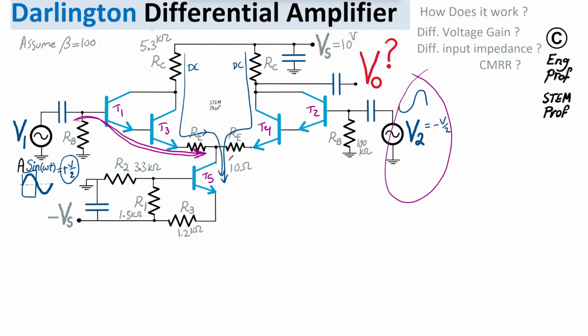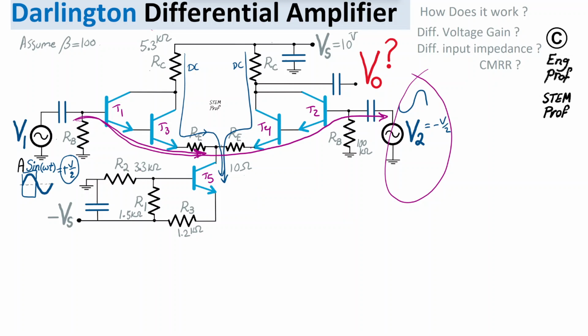From the perspective of differential analysis, it's as if this current keeps going on from V1 to V2, as if T5 doesn't exist, as if this node is AC grounded, effectively because of the mirror symmetry in the circuit and because we are applying plus V over 2 and negative V over 2 on the other side. So the AC voltage here is 0. That's why this is referred to as virtual ground for AC in the AC analysis.